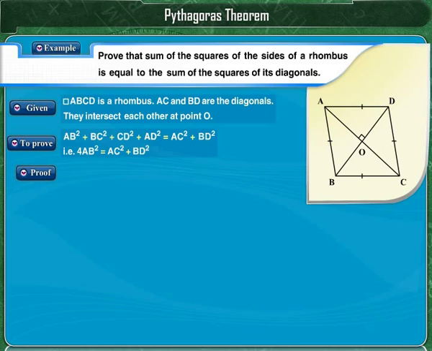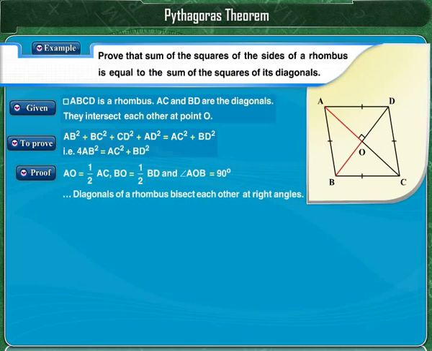Proof. We know that the diagonals of a rhombus bisect each other at right angle. Therefore, AO is equal to half AC and BO is equal to half BD. Also, angle AOB is equal to 90 degrees.